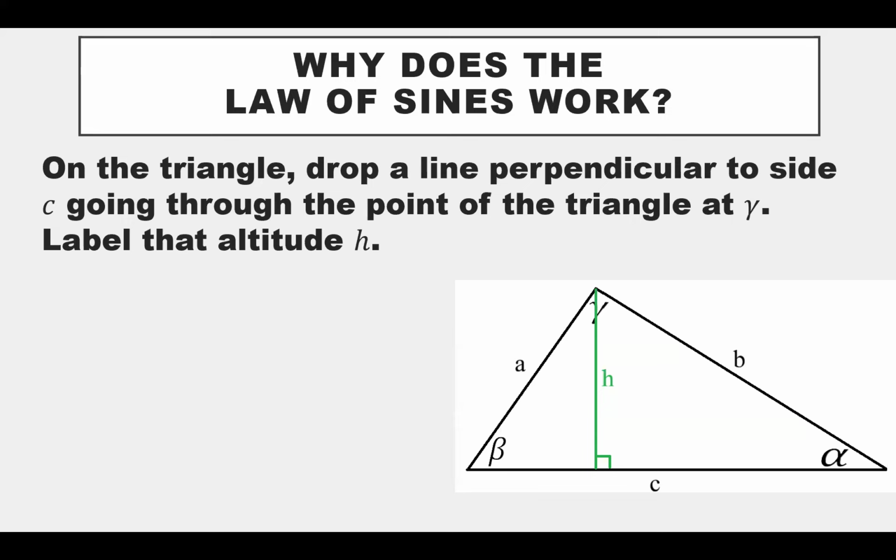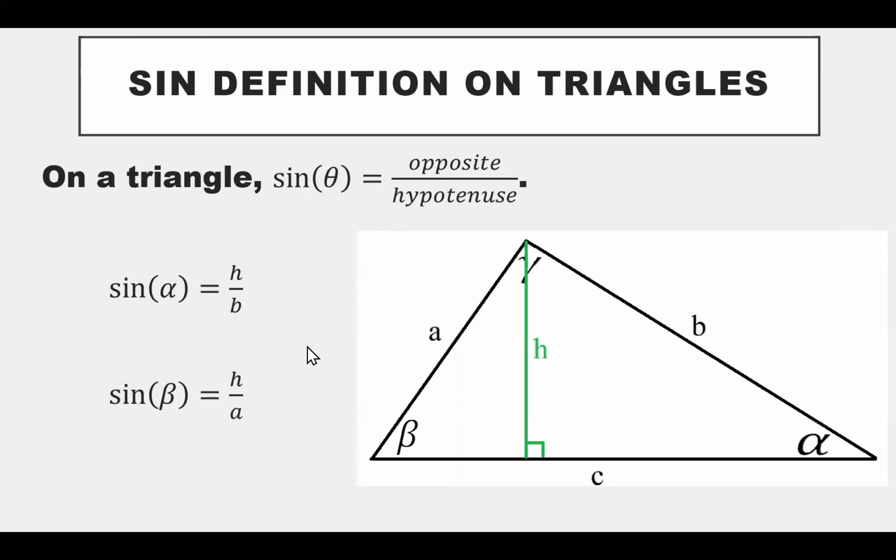This line is called an altitude of the triangle. We're going to label it as H because it is the height of a triangle with base C. So let's take a look at this altitude.